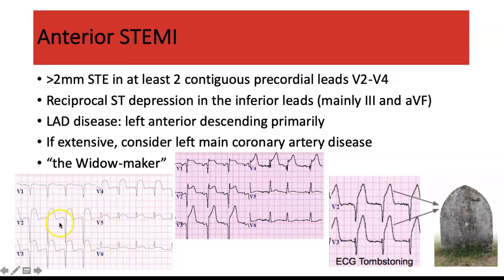You have definitely more than 2 millimeters here of ST segment elevation when you measure from the J point here down to the baseline or the PQ segment. That's definitely more than 2 millimeters, and it's definitely in more than 2 contiguous precordial leads.